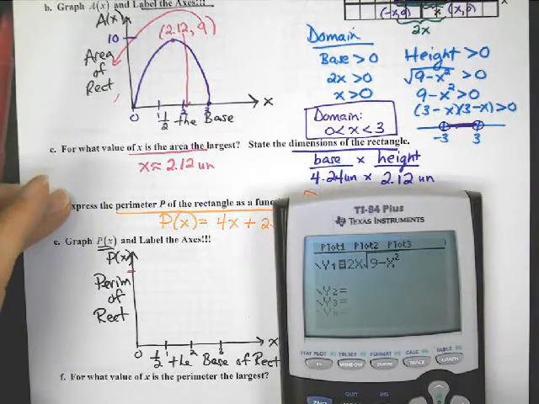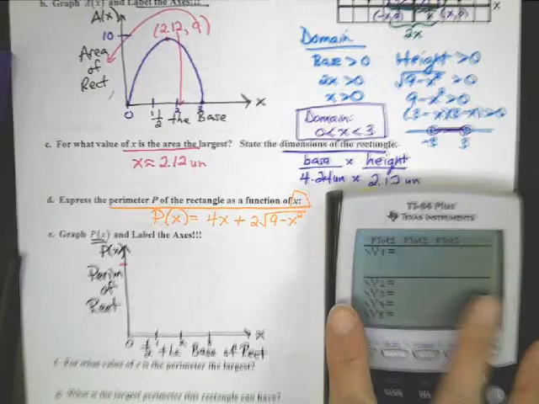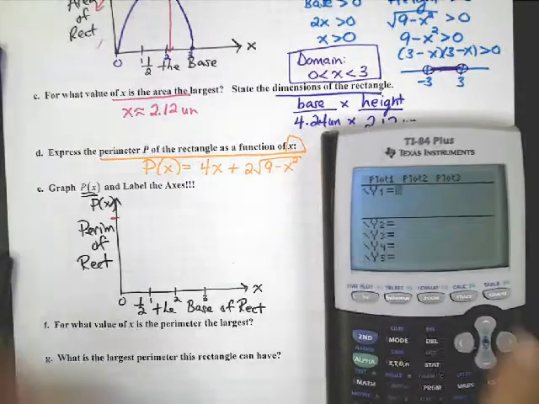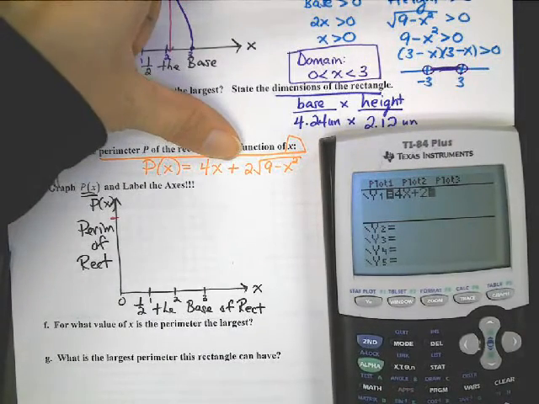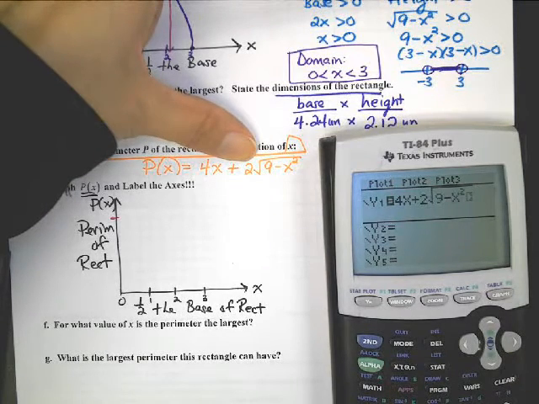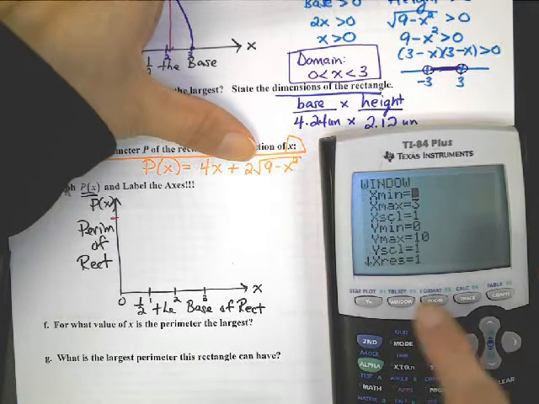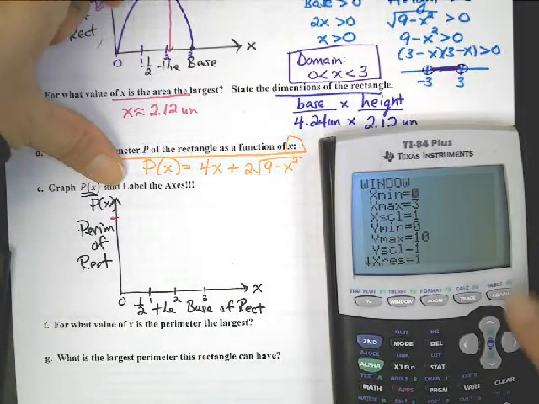So let's go to y equals, and let's adjust our equation to the perimeter equation. All right, so we've got 4x plus 2 times the square root of 9 minus x squared. And the window is still 0 to 3. I'm not sure if 10 is going to be good. Let's go see.